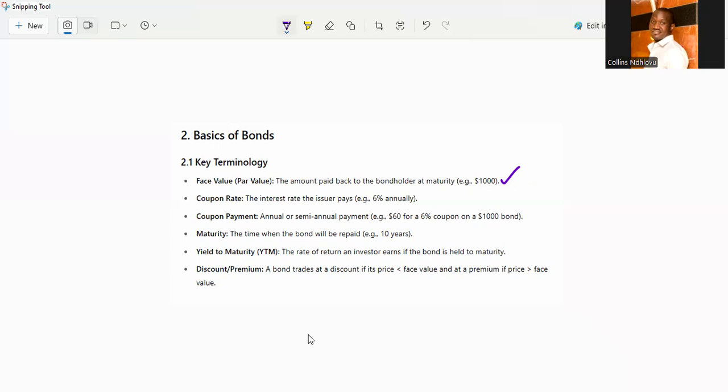So if the bond is being sold for 1,000, and the face value was 1,000, that's called a par bond. If the selling price of a bond is 900, yet the face value of the bond was 1,000, that's a discount bond. And lastly, if the bond was sold for more than the face value, it's called a premium bond.